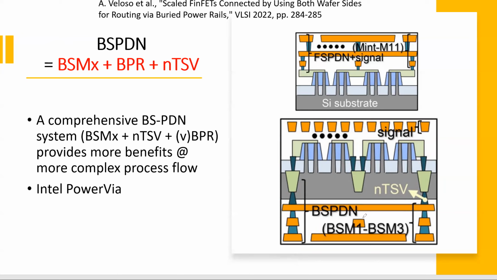So this overall backside PDN, I think, would include this. This is a nano-size TSV to connect your control network in the back to the barrier power rail. It's buried. That's why it's called buried power rail, right? And Intel calls it PowerVia, by the way. They just want to be different. Okay, that's fine.